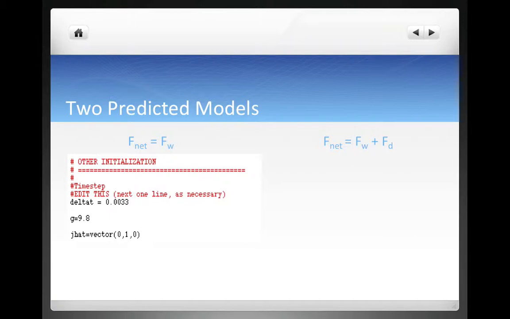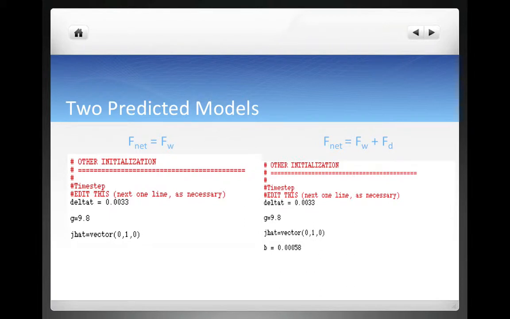Then we have the net force is equal to weight force plus drag force. The only thing different here is we have a b constant, which was calculated by plugging it into the drag force equation and seeing where that model prediction had its final velocity, or final position, equal to that of the observed.